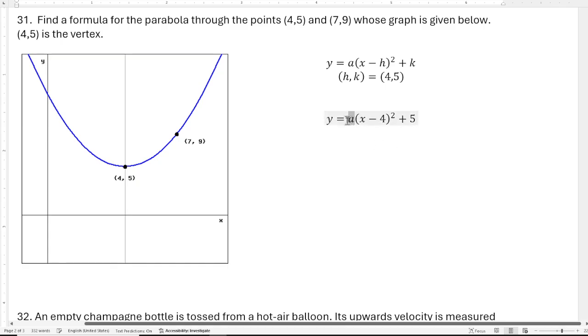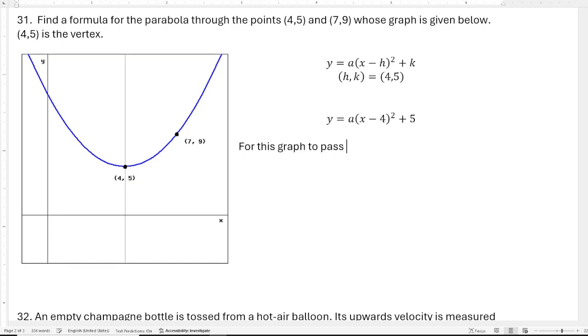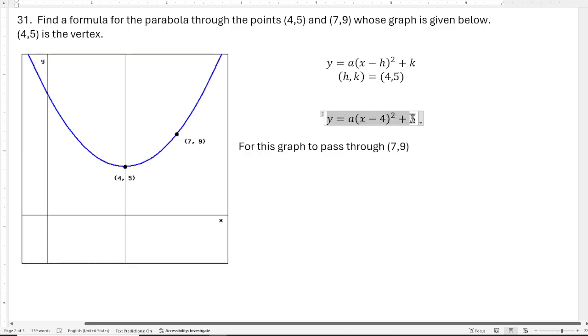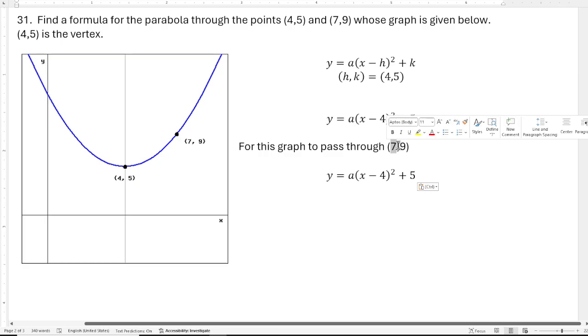Now let's look at what a should be. Well, the only other information that we know about this function is that it has to pass through (7, 9). So for this graph to pass through (7, 9), it means that when you take this equation and plug in the x value as 7 and the y value as 9, the equation should be satisfied.